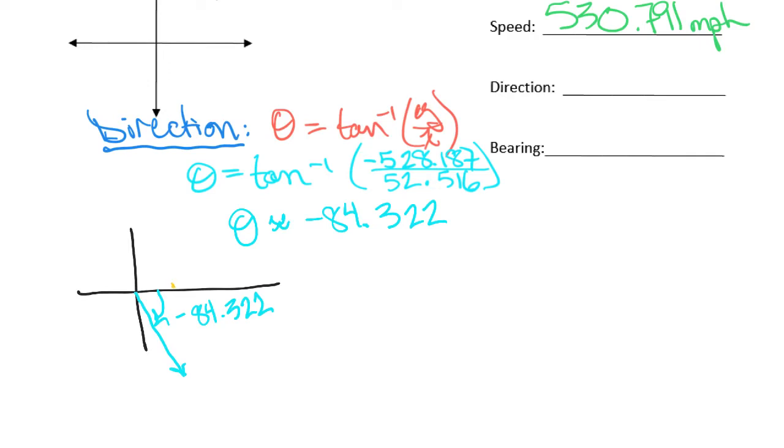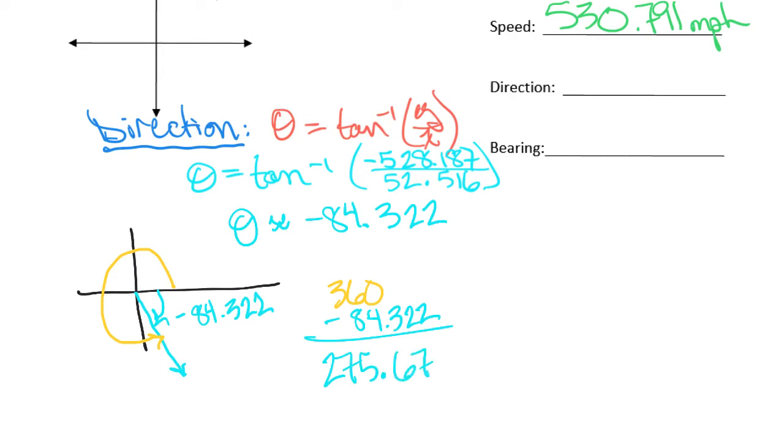So I need to figure out, well, what is this? Putting them together, it would be 360, so we're just going to do 360 minus 84.322. And we end up with 275.678. Okay, so my direction is 275.678.